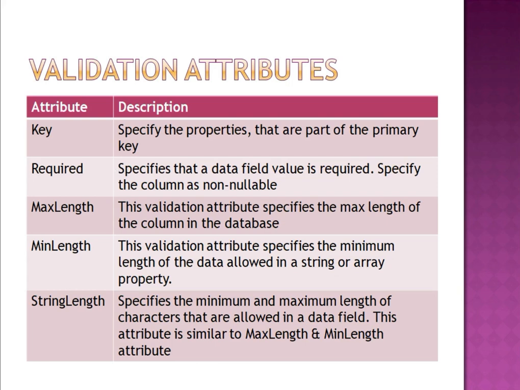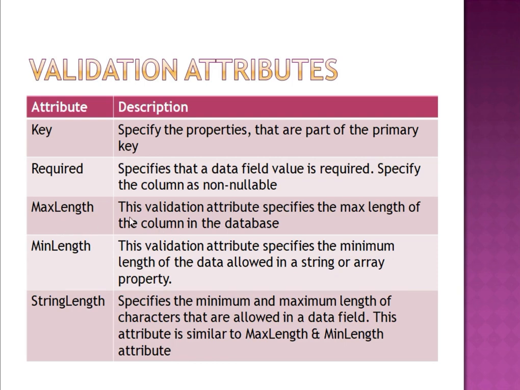Now the next one is max length. Basically these three attributes are very similar: max length, min length and string length. What these attributes allow, if you are using any string type of data and you want to specify the column size, in that case you can go with max length, min length and string length.